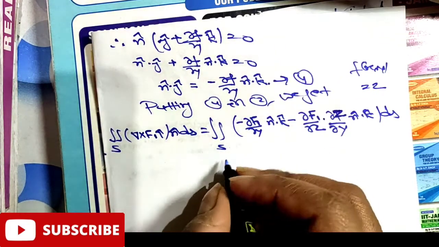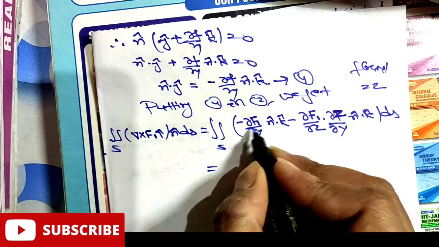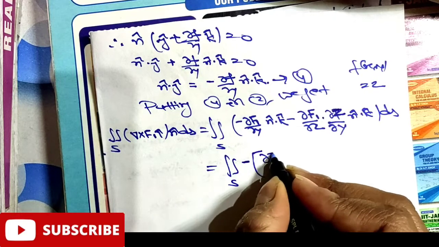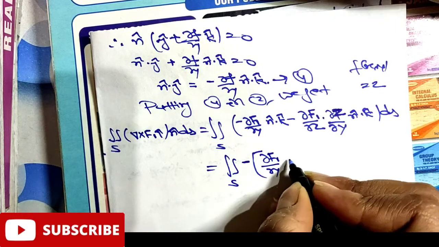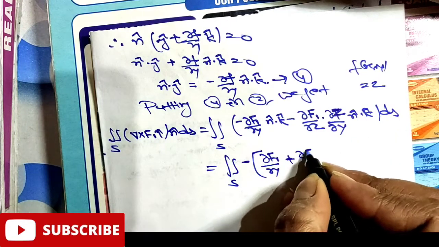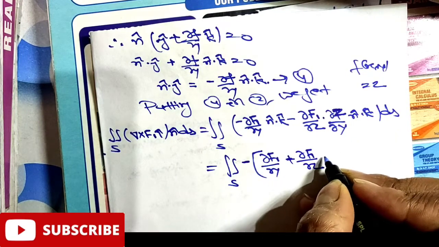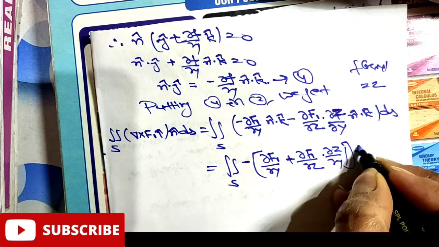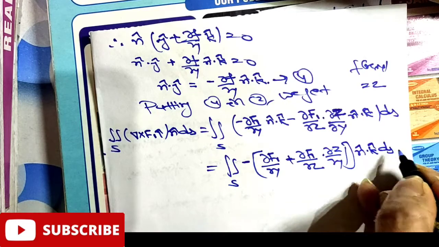Okay. So take minus common, surface integral, minus common, this will become del f1 upon del y, taking n cap dot k cap common outside, plus del f1 upon del z, del z upon del y, n cap dot k cap ds.